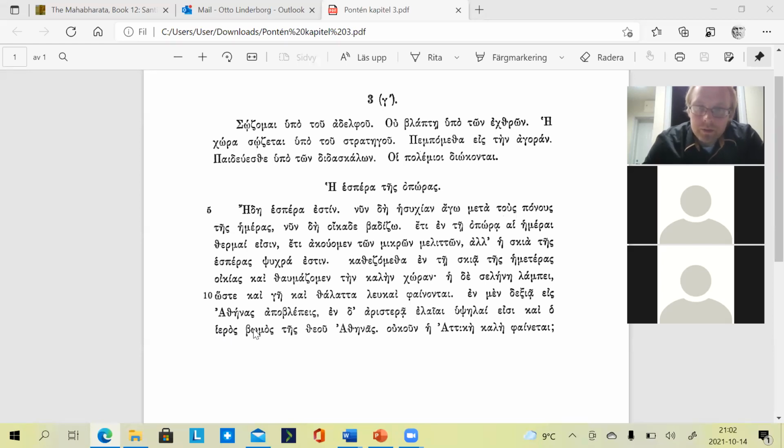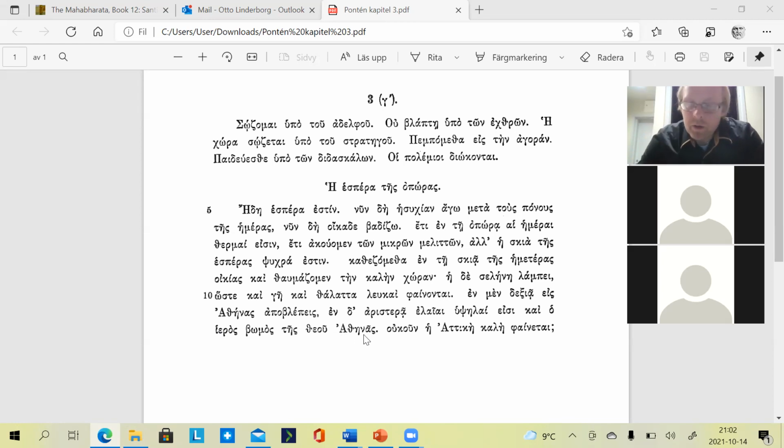The holy altar. And the holy altar of who? The sacred altar, yes, good. And the sacred altar of the goddess Athene. Yeah, Athena. Exactly. So this is not Athens, this is Athena.